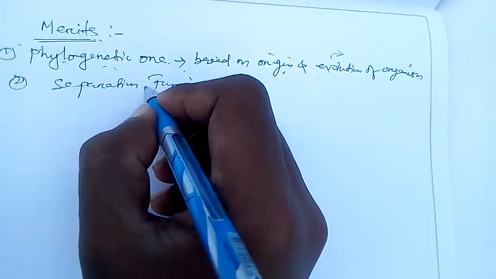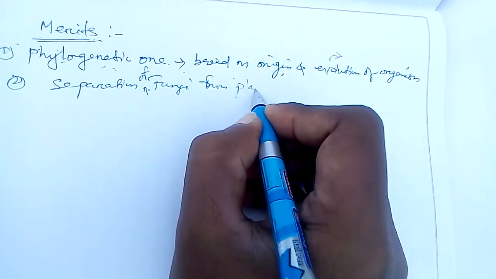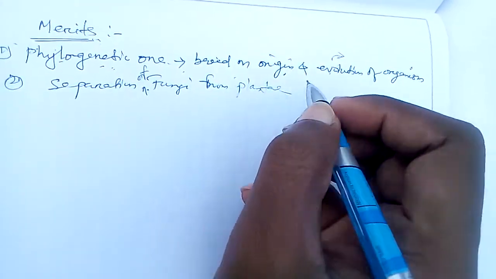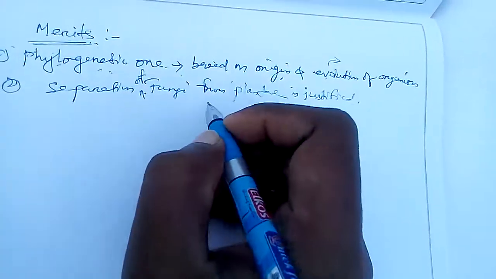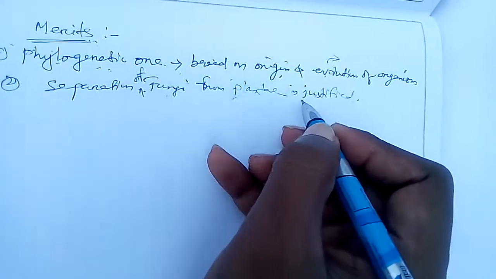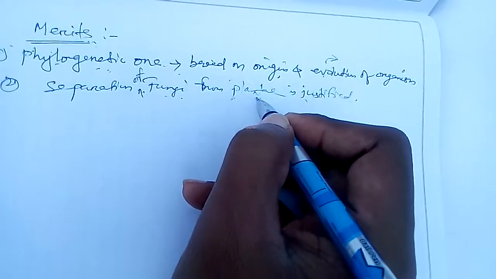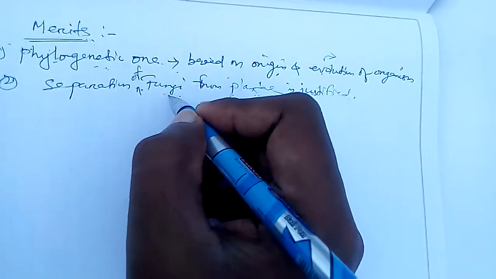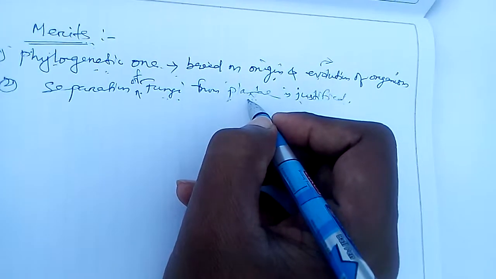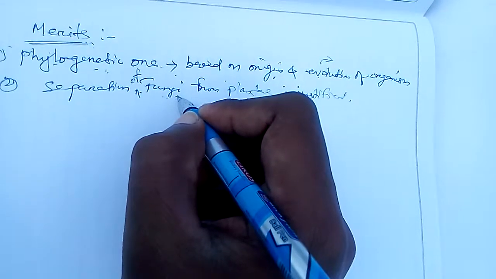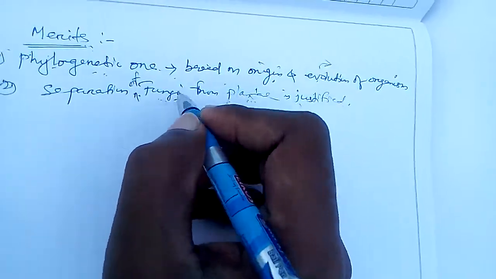Separation of fungi from Plantae is justified because fungi have a cell wall different from Plantae. The cell wall of Plantae is made of cellulose, the cell wall of fungi is made of chitin. Plantae prepare their own food, that's why they are autotrophs, but fungi depend upon others for their food, they are heterotrophs.